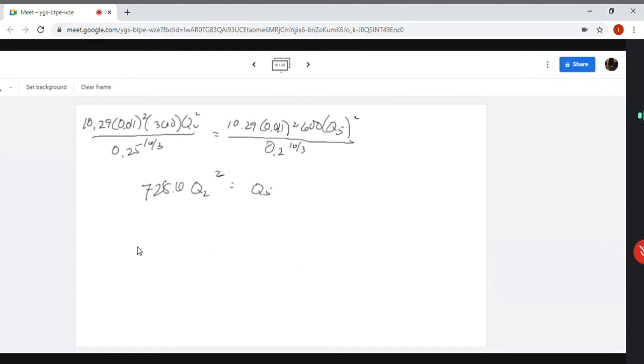Then 10.29 times 0.011 squared times 600 over 0.2 to the 16 over 3 is 3992.01. So 728.6 divided by 3992.01, then we take the square root. So this is 0.427 Q2 is equal to Q5.